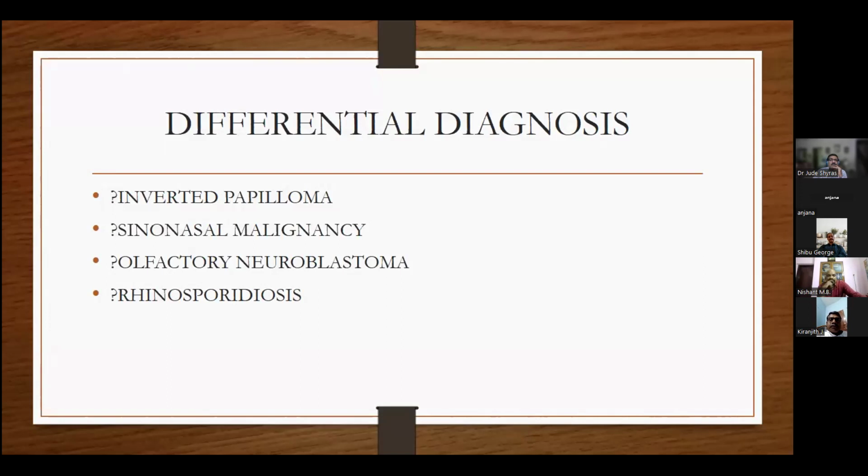What is against? When it becomes aggressive, it has a rapid progression into the anterior cranial fossa producing symptoms. The only point against is that it is not very aggressive.